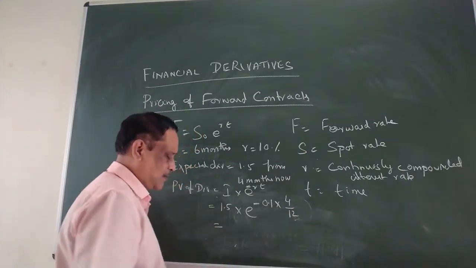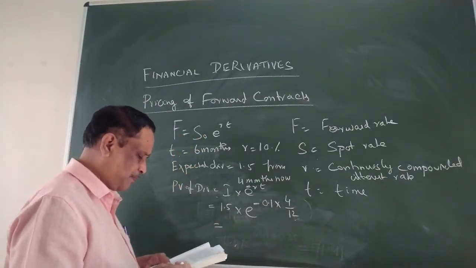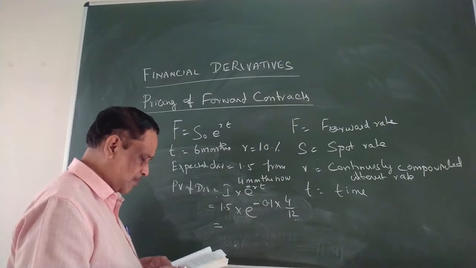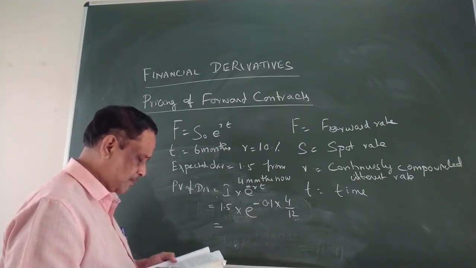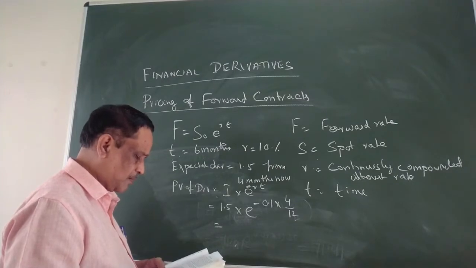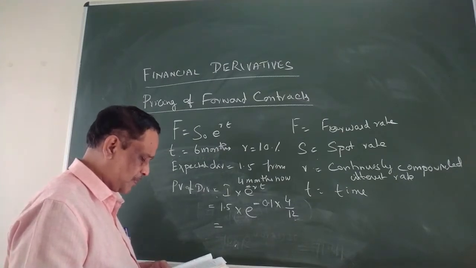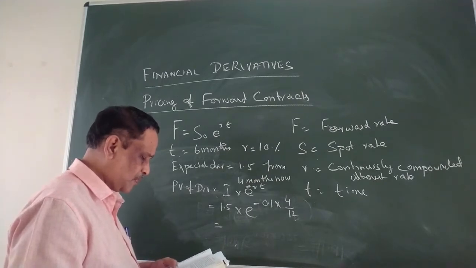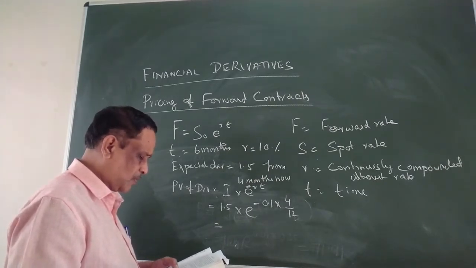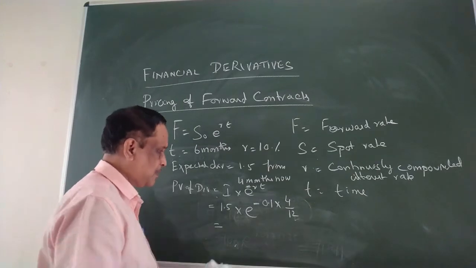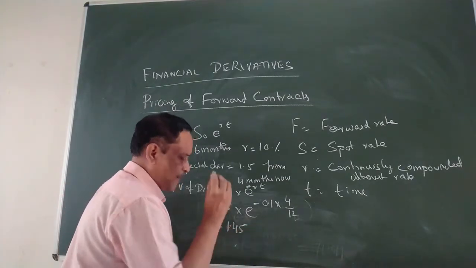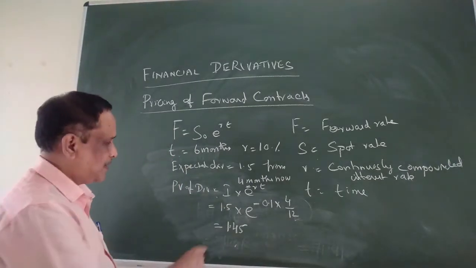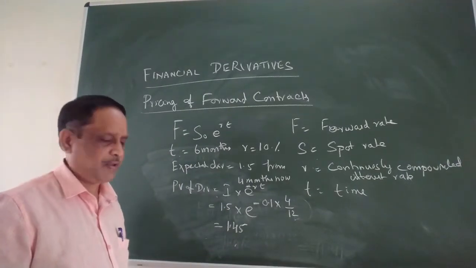When you calculate this, you will get a value of 1.45. So the present value of the dividend is 1.45.